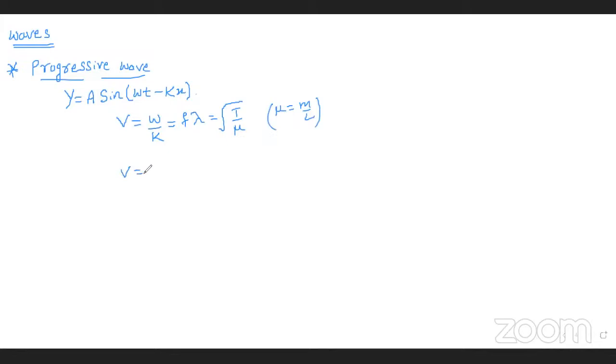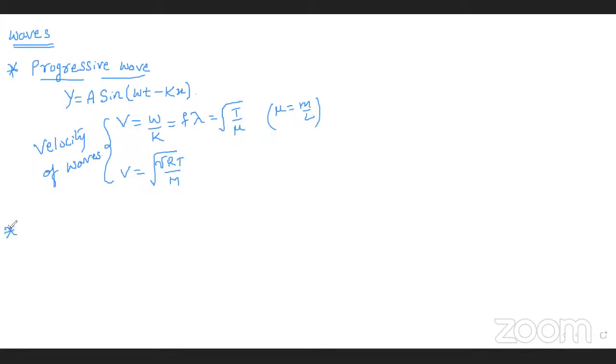And also velocity is defined as root of gamma RT by m. So these are the formulas for the velocity of the different waves. This is for the progressive wave.